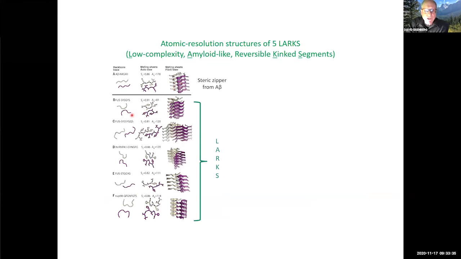But in all of these structures that Michael Hughes determined from the low complexity domains, now the backbones are highly kinked, and they don't form these interdigitated structures. They're just flatter interfaces without side chain interdigitation. So these were the 5 that he determined at first, and he termed these LARKS, for low complexity amyloid-like reversible kinked segments. So all of these are reversible as opposed to the structure at the top.